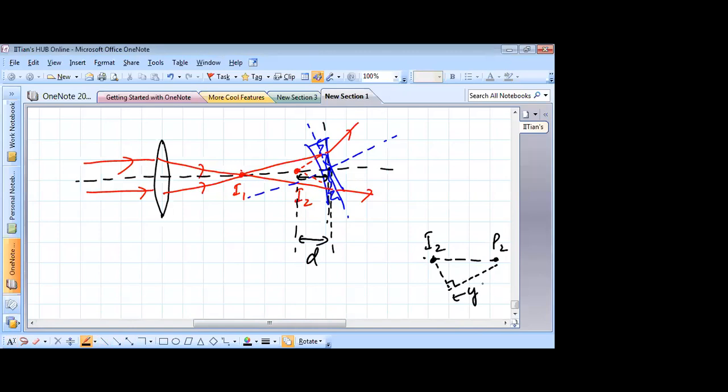Such a thing that this was your y. So your d will be equal to y upon cos alpha. So that will become f upon 1 plus cos alpha. This kind of thing. All right.